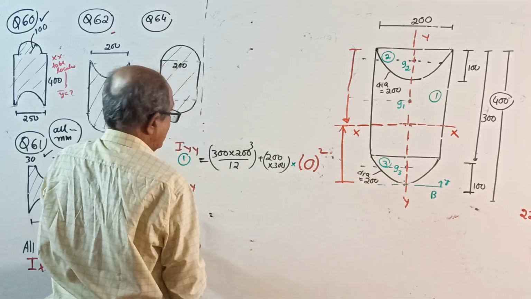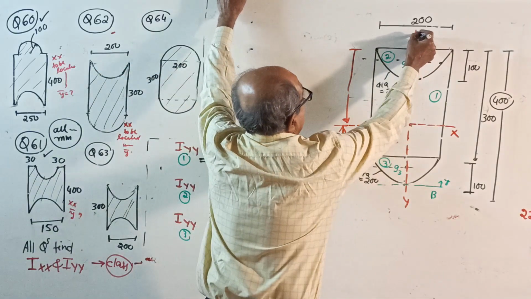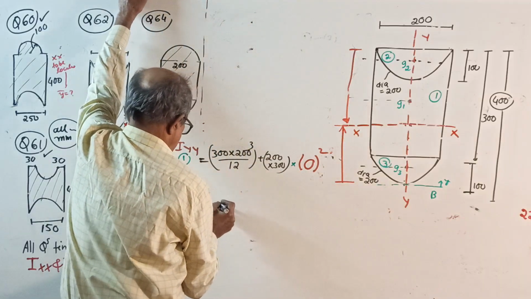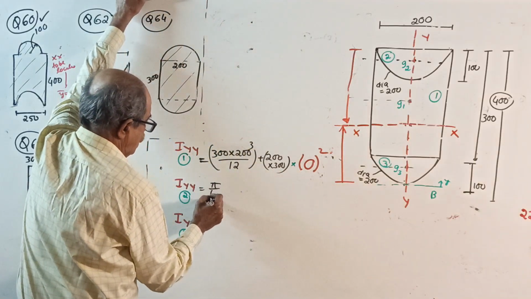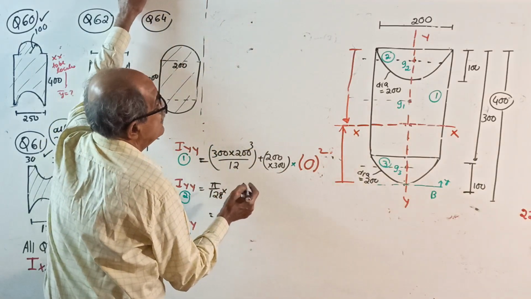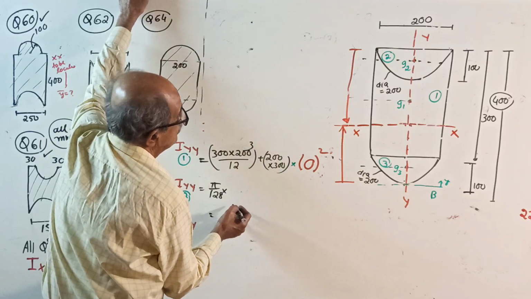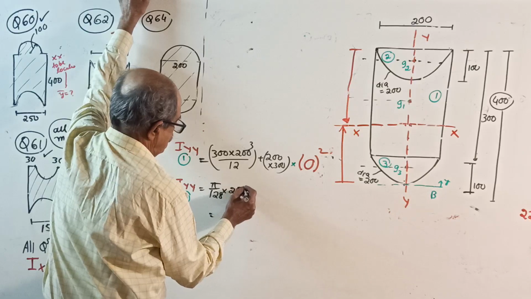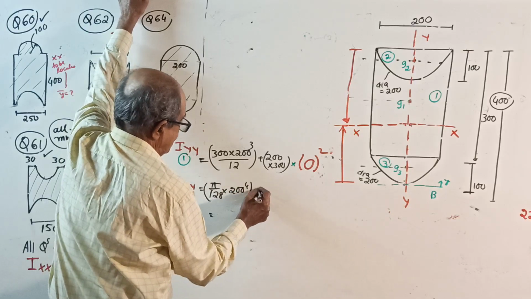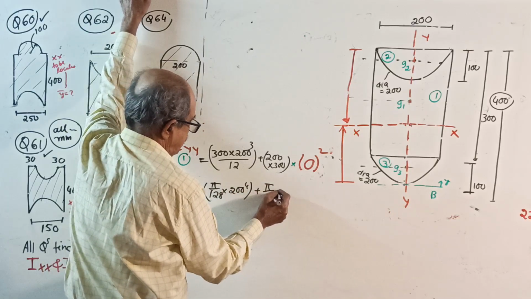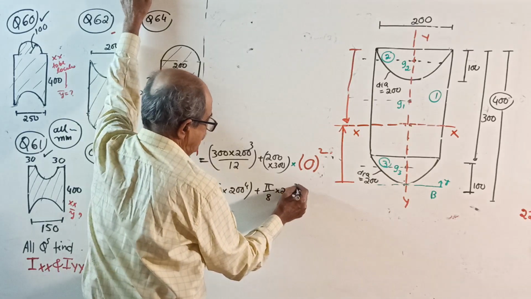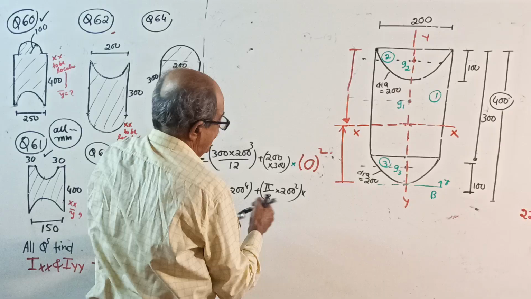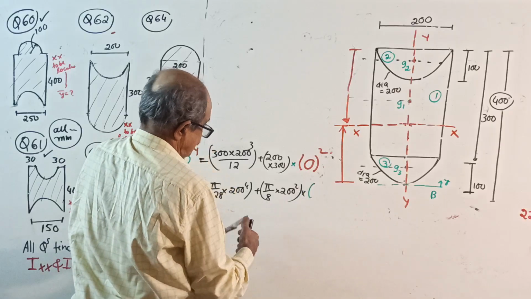Okay, over. Second one, I about its own centroidal axis is pi by 128 of diameter power 4, that is 200 power 4, Ig, plus pi by 8 of 200 square is the area, into once again 0 square.